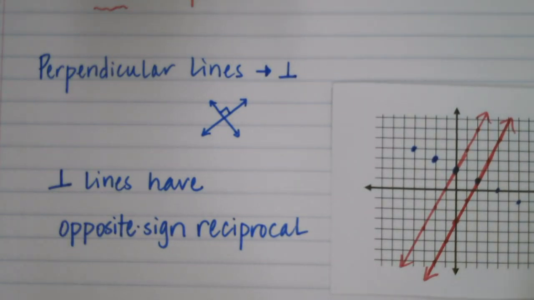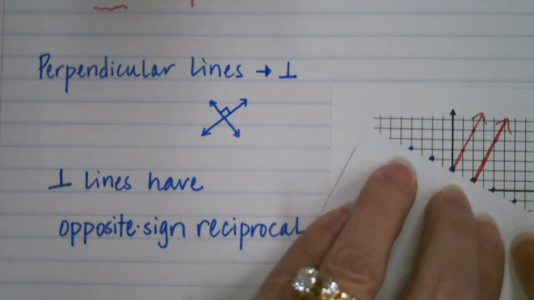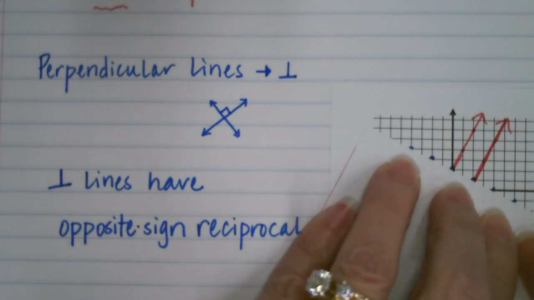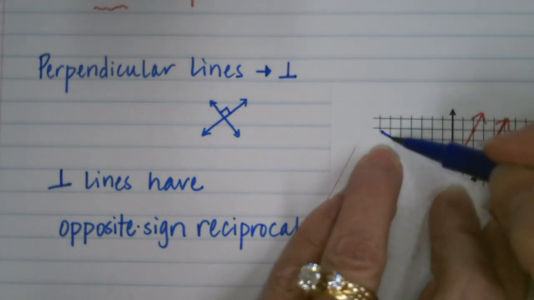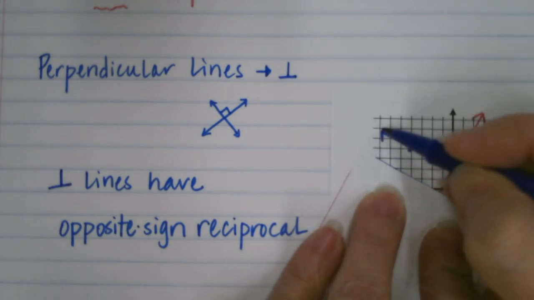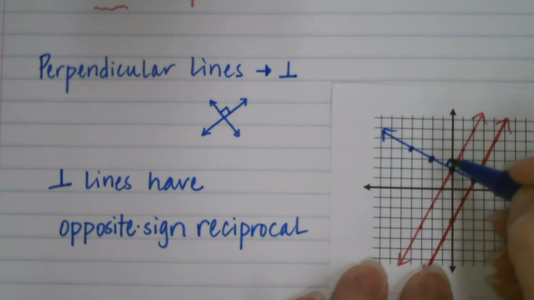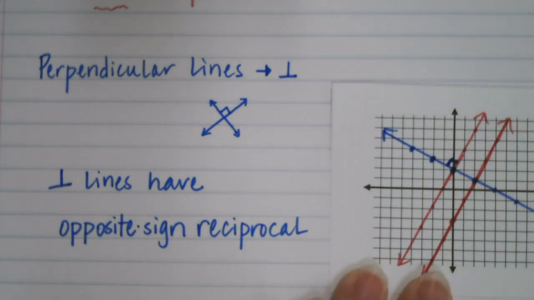So the slope is not only going to have to be the opposite sign, it's also going to have to go in the opposite direction, meaning that we're going to use the reciprocal of the slope. So basically, we are switching the rise and the run. And if I do that, then I end up with lines that are perpendicular because I can have that right angle mark right in there.